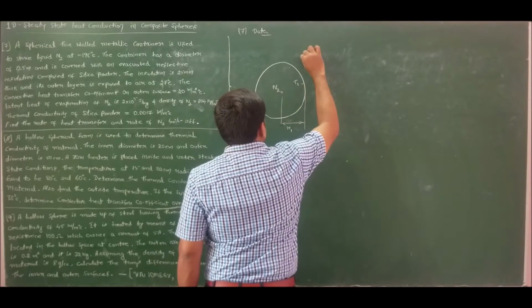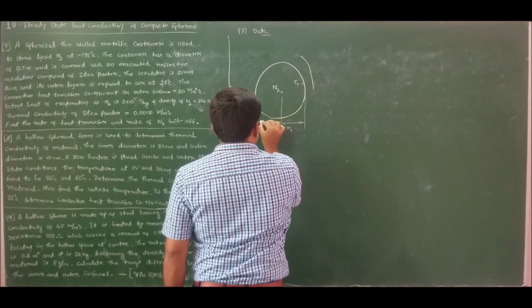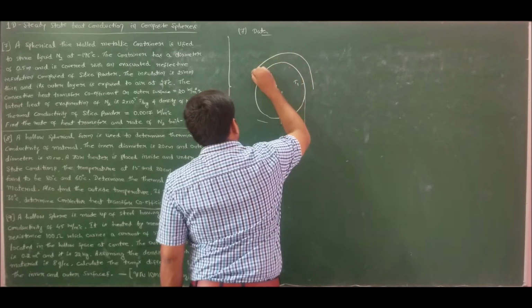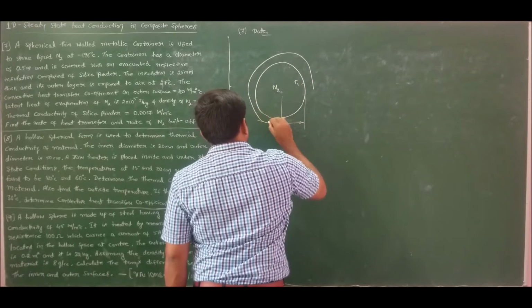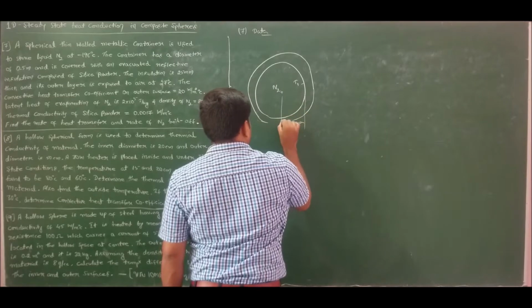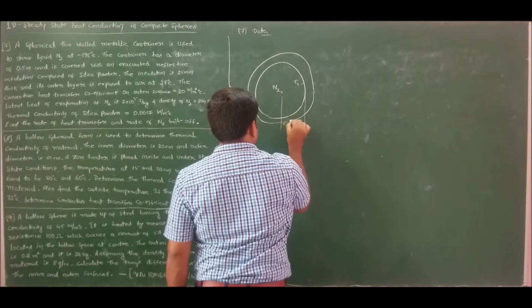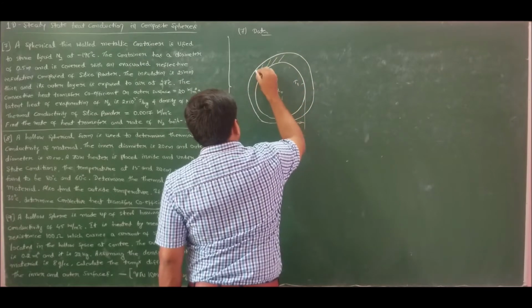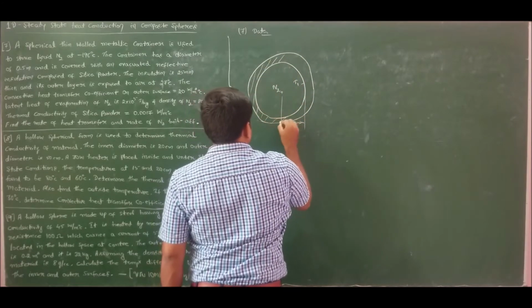So it is covered with the help of silica powder. Let us cover this container with the help of silica powder. Let us hatch it to indicate we have insulation.